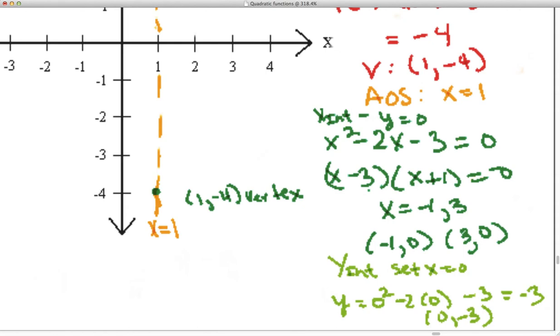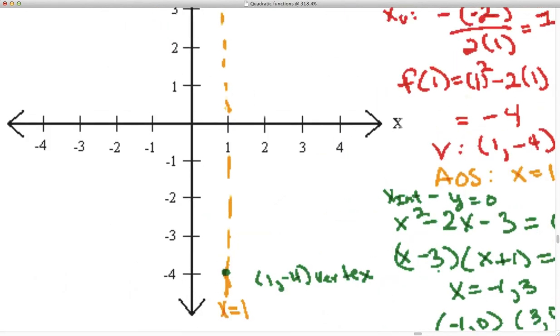Okay, so let's plot all that data on your graph. We got some intercepts here. So what was it? Positive 3, comma 0. That's the next intercept. And then we should know, because 2 to the right on the x-axis, there should be 1, 2 to the left. That's what the axis of symmetry does. It allows you to reflect your points, so if you knew just one of these points, then you should know the other one.